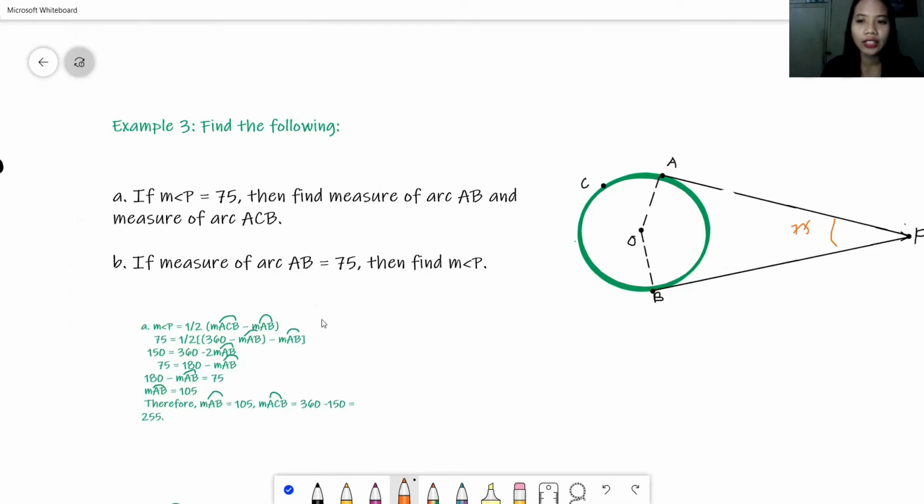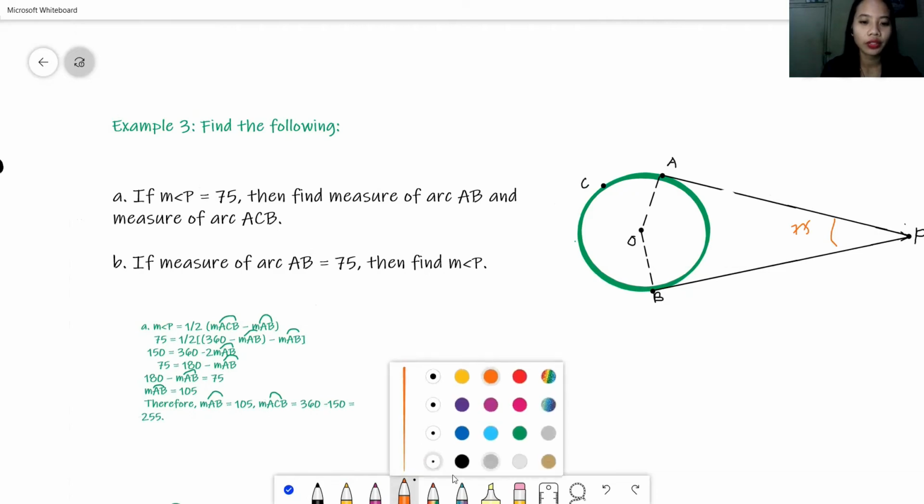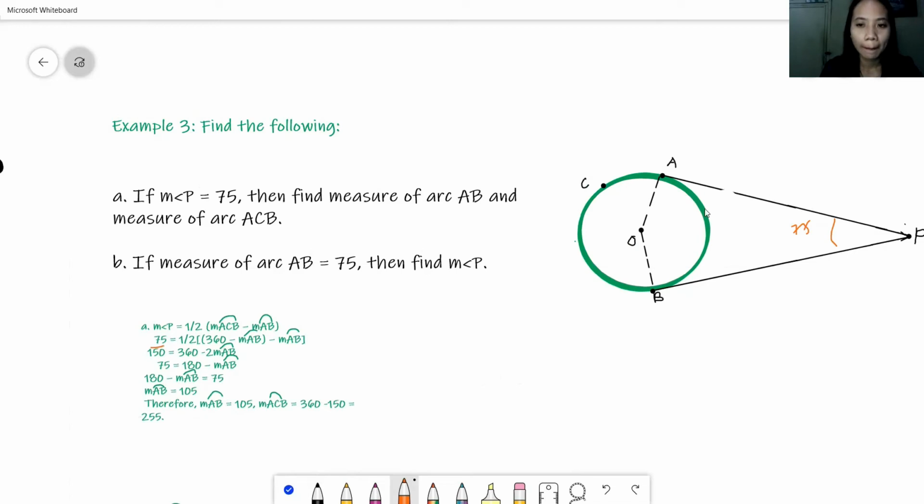But first, let us find the value of arc AB. So 75 here. Let us put 75, and then 1/2 times 360, which is the value of the whole circle, then minus the measurement of arc AB, since arc AB here is unknown.